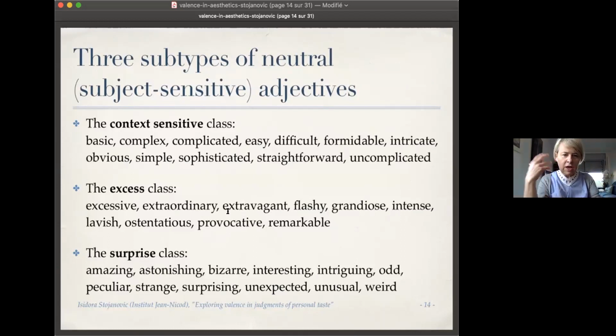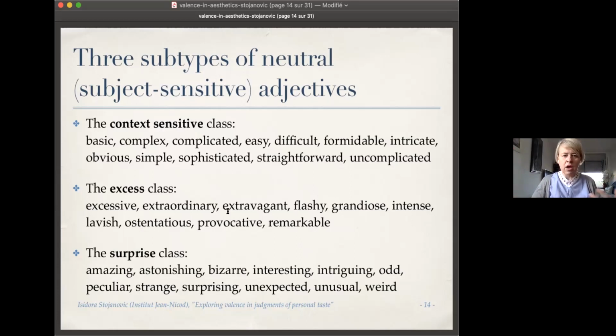I'm going to read them because I think they're interesting, because they are also quite often used in aesthetic evaluations. And in aesthetic evaluations too, they have this very interesting feature that in some contexts, the value judgment will be a positive one, whereas in others, it's a negative one.